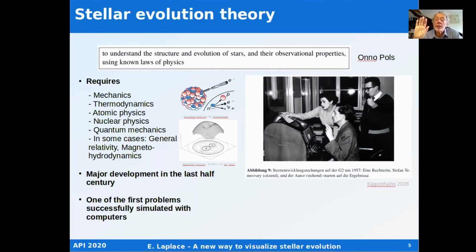I have another comment. May I? The first stellar models were calculated by Martin Schwarzschild. When he was working in Princeton, on the weekends he could use the von Neumann computer in New York.